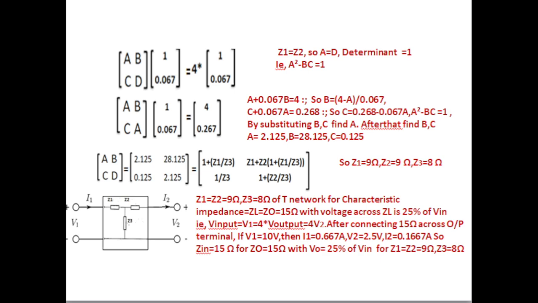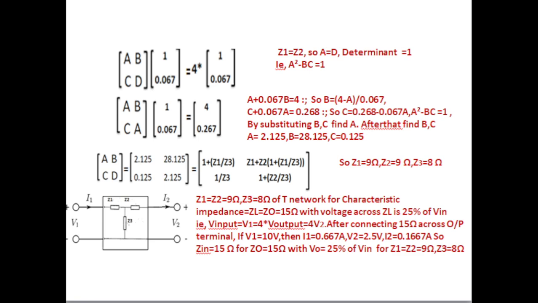ZL, that is the characteristic impedance, equal to Z0 equal to 15 ohms, with the voltage across ZL equal to 25% of V input. That is, V input is equal to 4 times V output, that is 4 into V2. After connecting 15 ohms across the output terminals, if V1 is equal to 10 volt, I1 equal to 0.667 ampere, V2 equal to 2.5 volt, I2 equal to 0.1667 ampere.